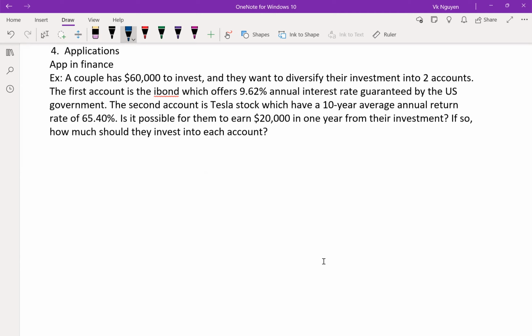Let's see if they invest everything into Tesla stock. That would be 65.4% of 60,000.